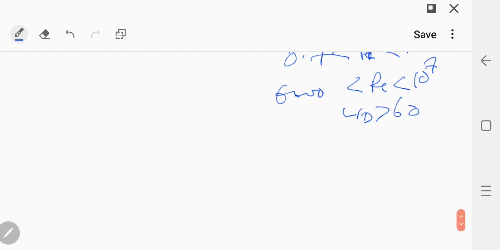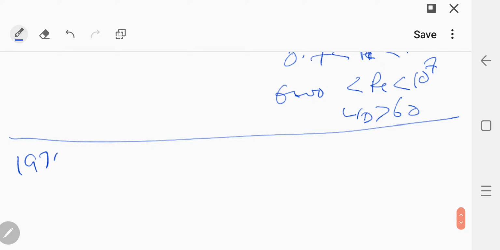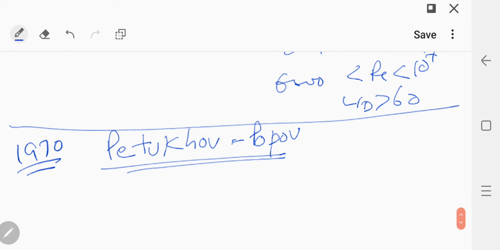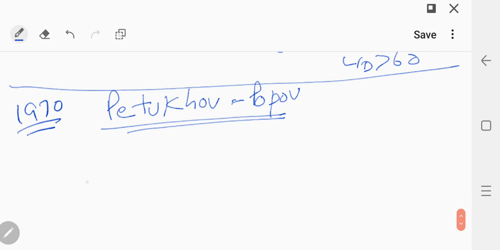Clear? Then there is another correlation for turbulent flow condition that was proposed in 1970 by Petukhov. The Petukhov-Popov equation uses a very important term, that is friction factor, the friction factor of a fluid which is flowing in a pipe.